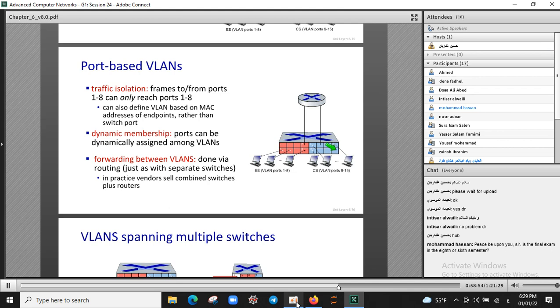Those traffics are isolated from each other. I know I'm still working on layer 2, but using VLAN information, the switch will separate their traffic over their port numbers.